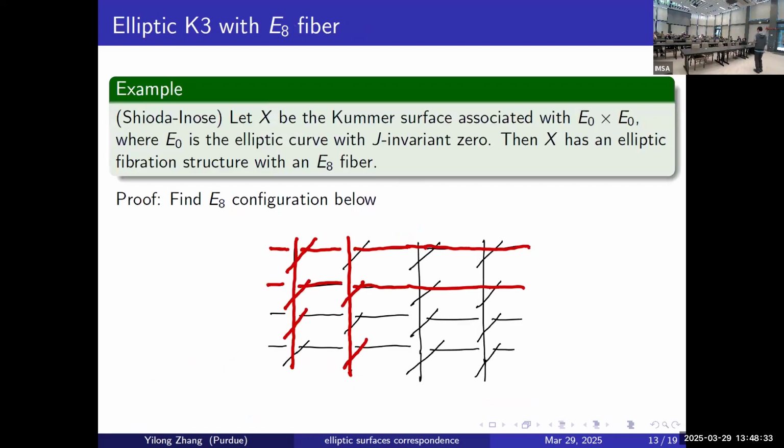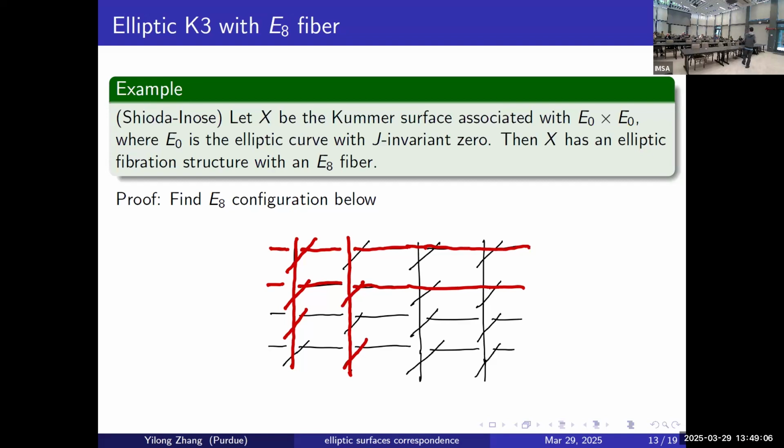All right. So now let's move a little bit to the geometry side. Let's just think backwards. Forget about this character problem we're going to solve. Just think about, can you explicitly construct any K3 surface with an elliptic fibration with an E8 fiber? How do you even write down such a thing? It's sort of a compounded amazing work by Shioda and Inose in the 70s.